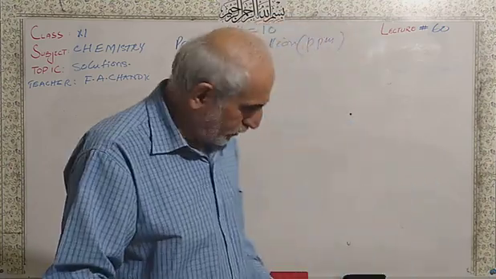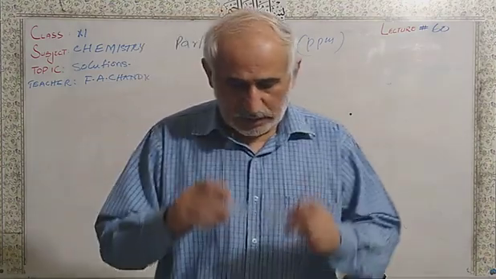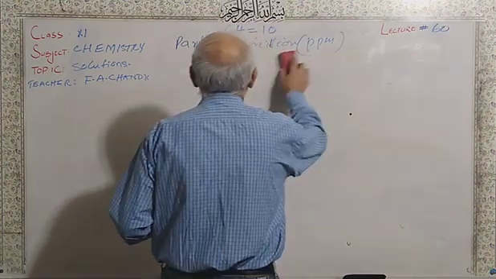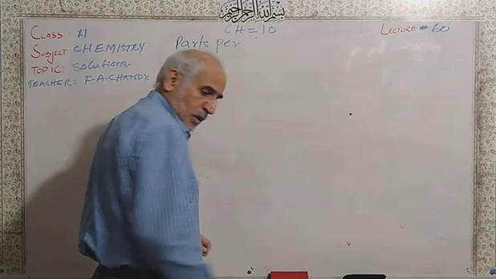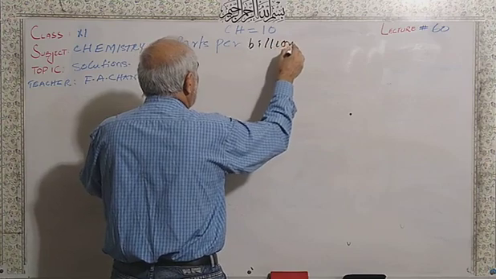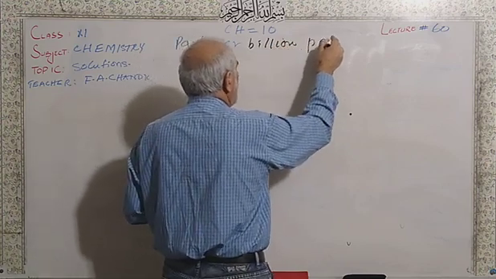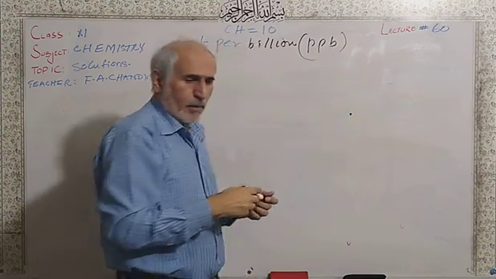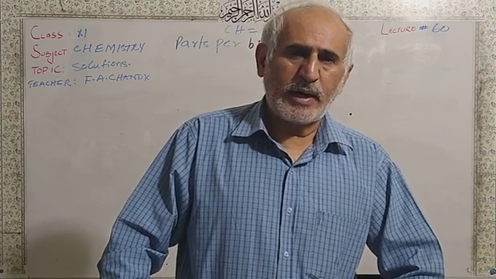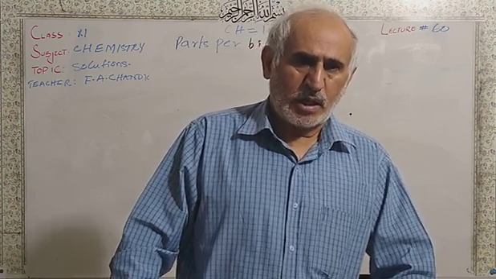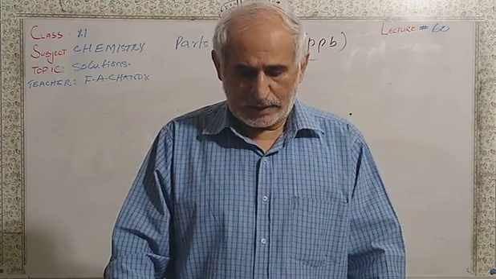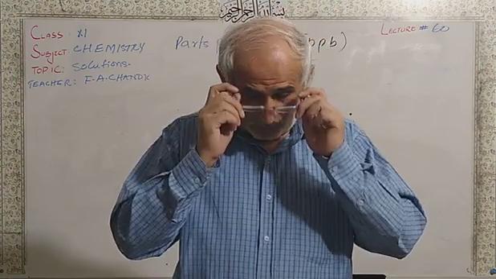Then there is parts per billion. The volume or mass of the solute divided by volume or mass of the solution, multiplied by 10 raised to power 9, is called parts per billion.